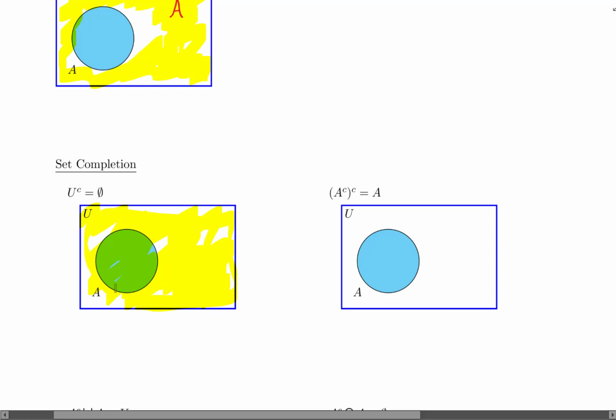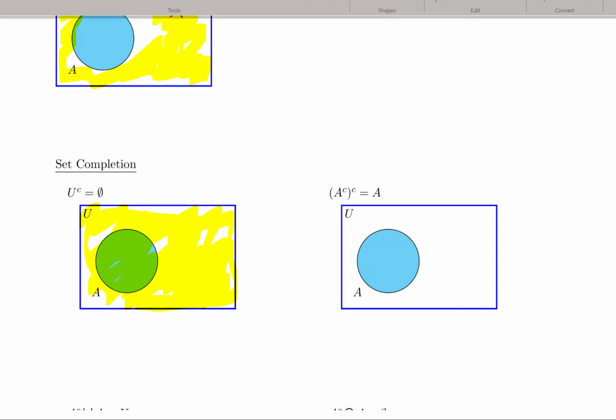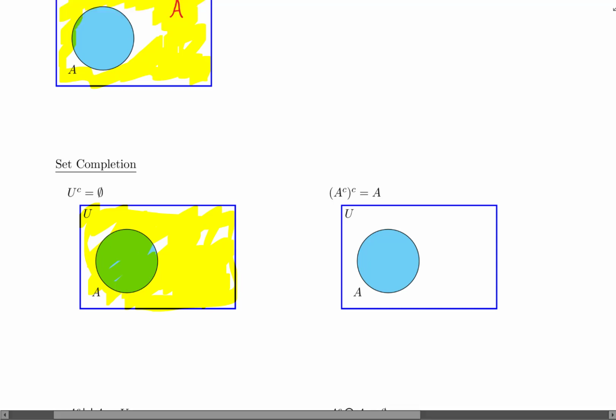You have nothing. All right, and so for this next one, the complement of the complement. So A complement is out here, and then the complement of the complement is simply A itself. All right, the complement of everything out here is everything in there.